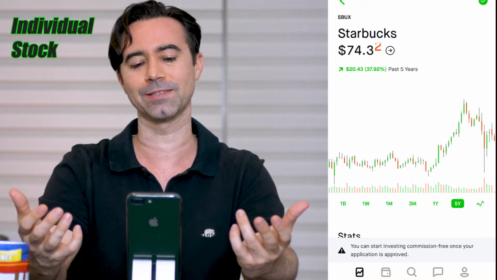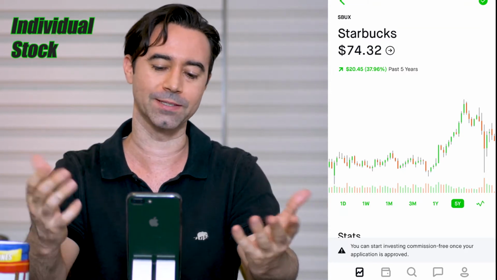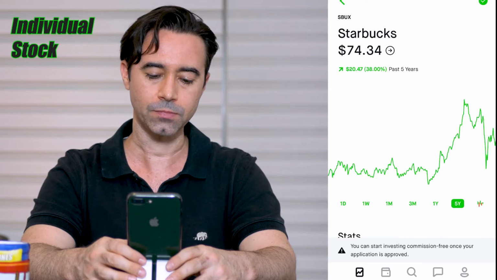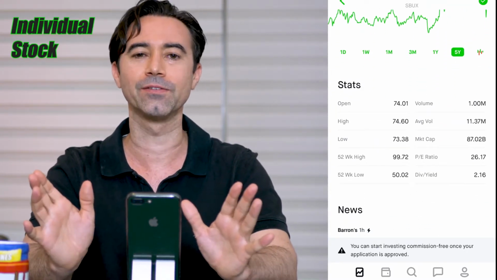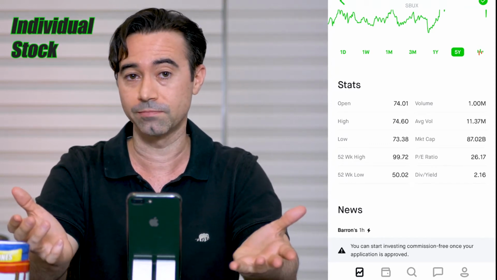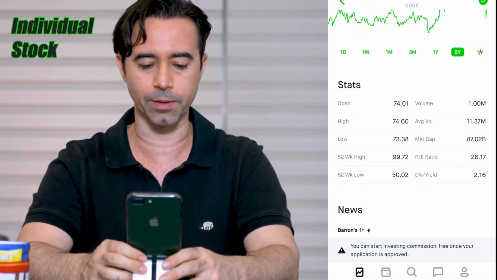As a long-term investor, someone who's probably going to use this app when you're starting out, you don't need to know about volume. So I would just say, don't worry about the volume. It's fun to know, but I would say steer clear of that until you decide if you're going to be maybe more of a trader. And if that's the case, then learn about volume. But when you start out, don't worry about it.